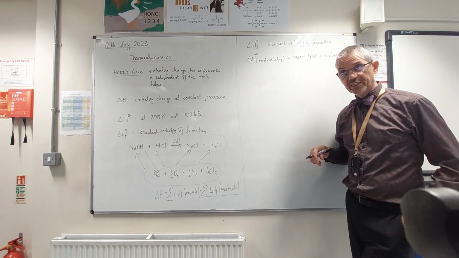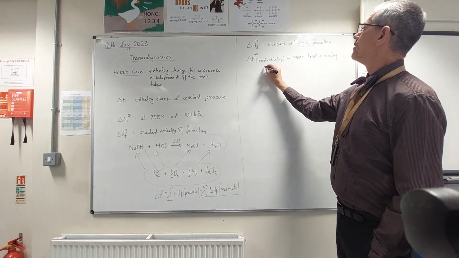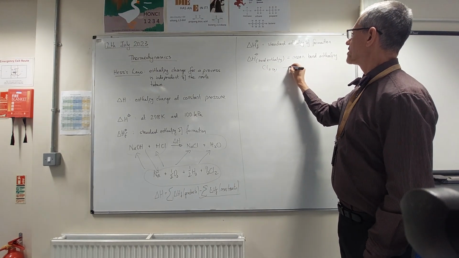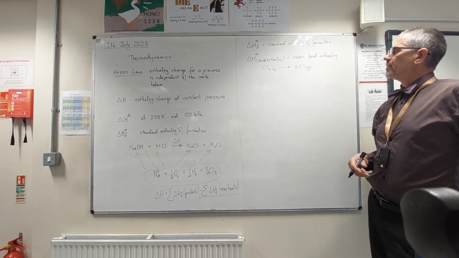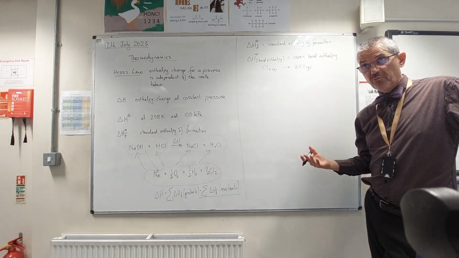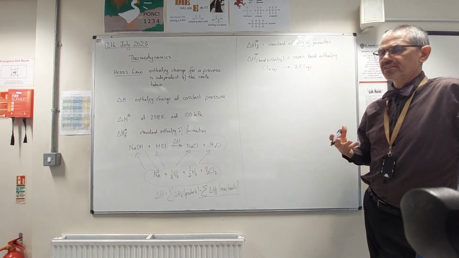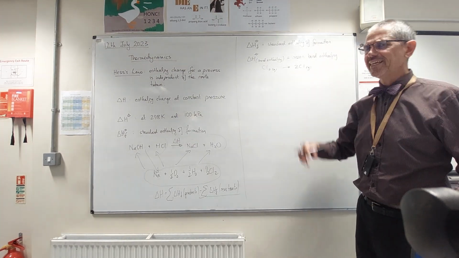The enthalpy change when we take 1 mole of bonds and break them, averaged over different compounds. But in this case that I've done, you can't have different compounds of Cl2, can you?